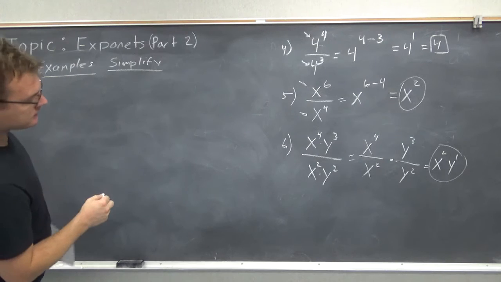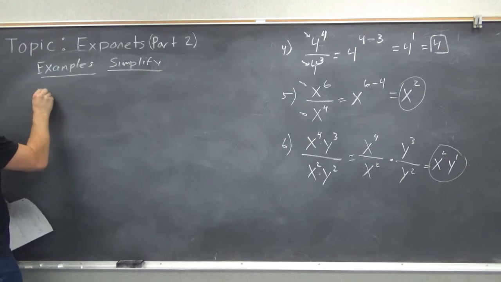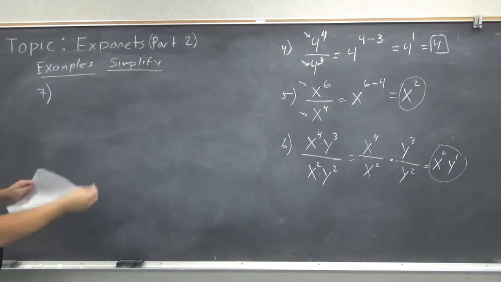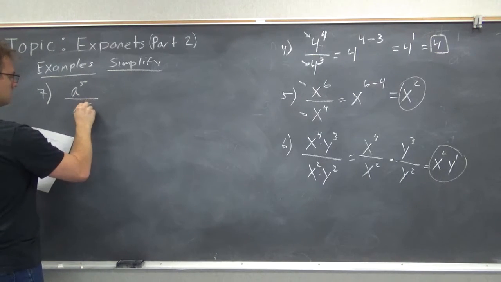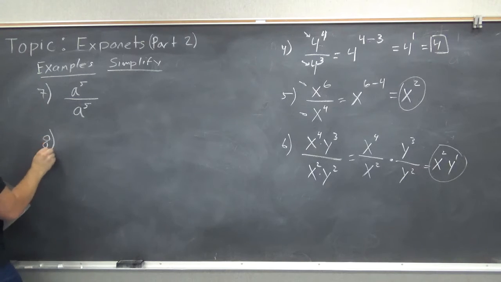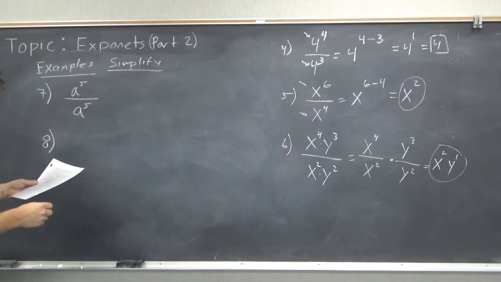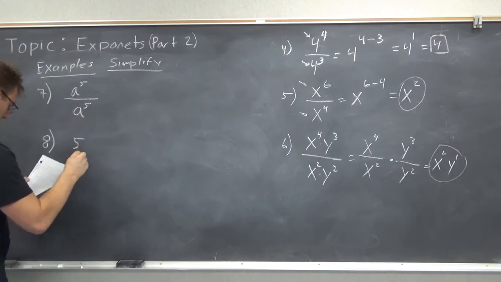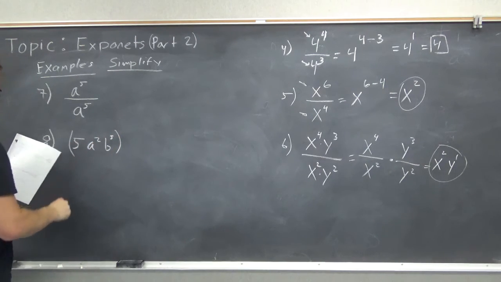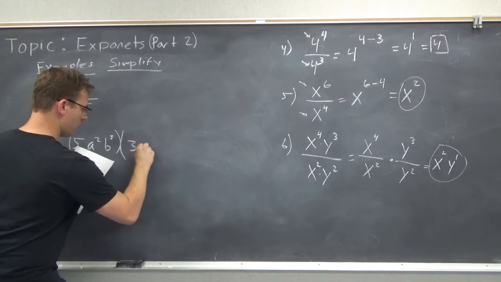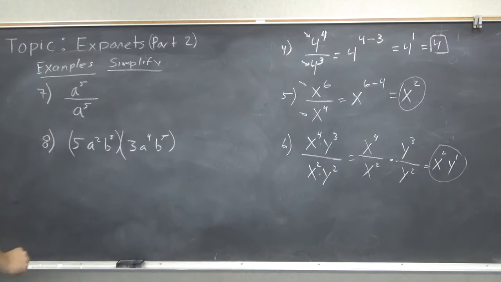Let's see, this was 7. So a to the 5th divided by a to the 5th. Okay.